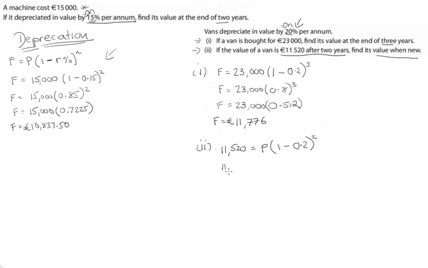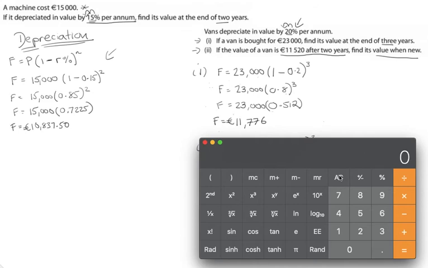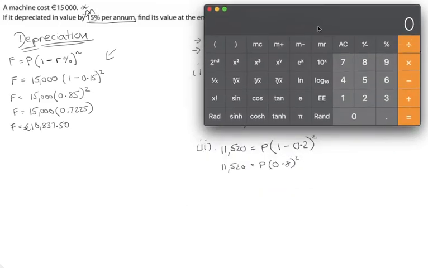So we have 11,520 equals P, and it's 0.8 squared, or to the power of 2.